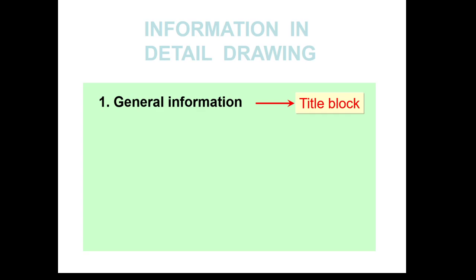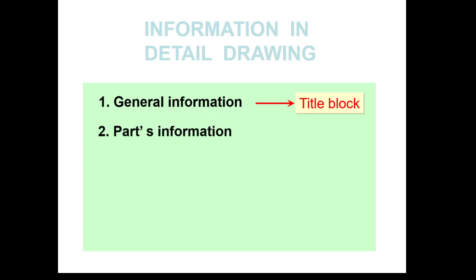What is the geometrical tolerance class? What is the size tolerance class? The object is to be made of which kind of material? Okay, and the name of the object. Yes, these are all to be in the content of the title block.